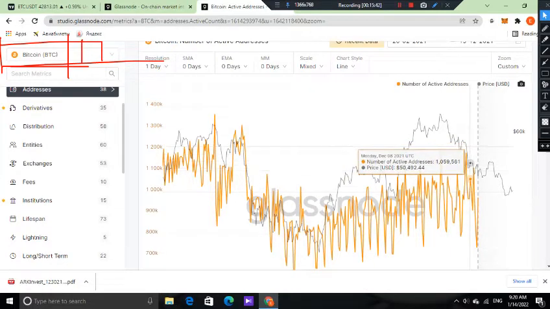You can see at this point how many addresses were active, which at this point was 1 million.